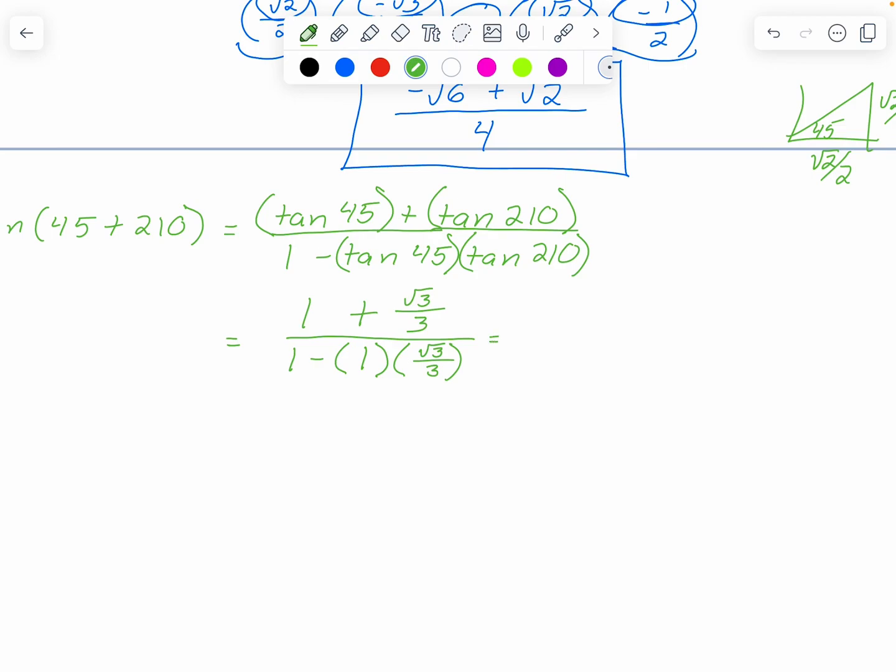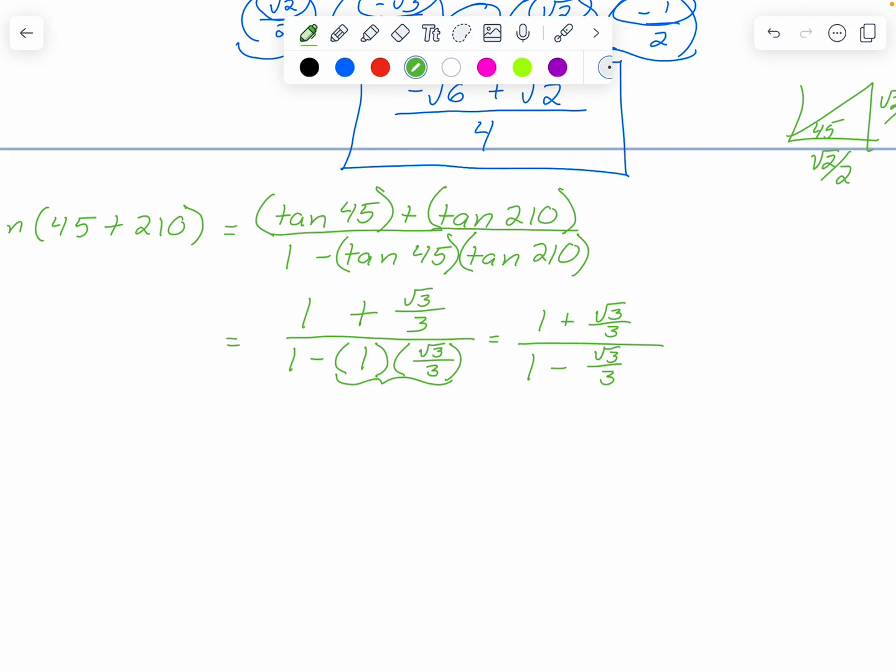According to order of operations, we can't add or subtract until after we've done our multiplying. So the first thing we want to do is this right here. So the top, I'm going to leave exactly the way it is, at least for the moment. Then the bottom, I'm going to leave that 1 in front, but then I have minus 1 times square root of 3 over 3, which is just going to be minus square root of 3 over 3.